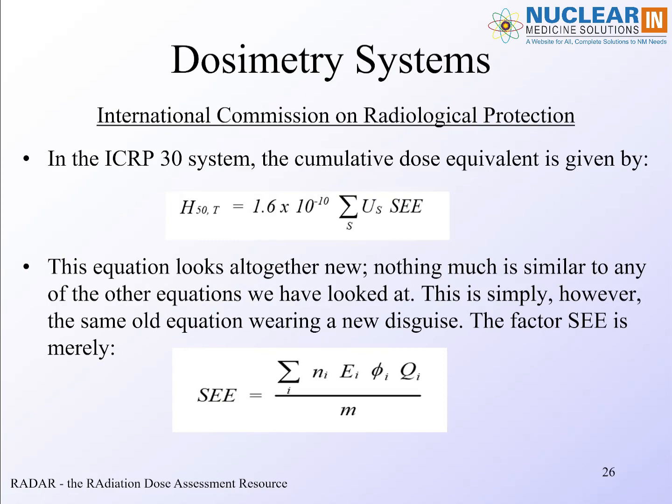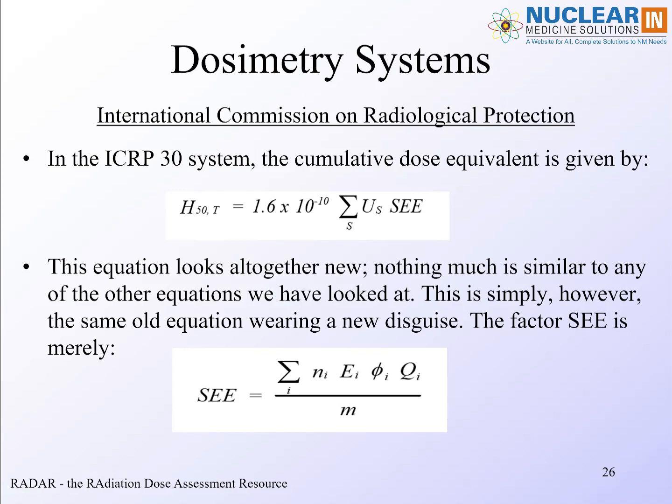Okay. Then the ICRP in 1979 said we need to update this for a number of reasons I won't go into. And again, this is United States regulations, which may or may not be interesting to you personally, depending on where you're taking this course. But the ICRP 30 system, they said, we're going to do a new system.